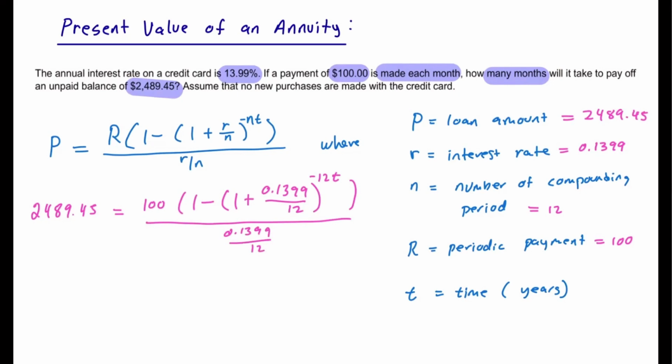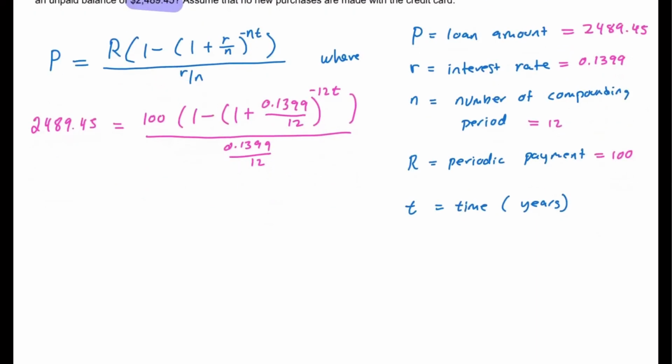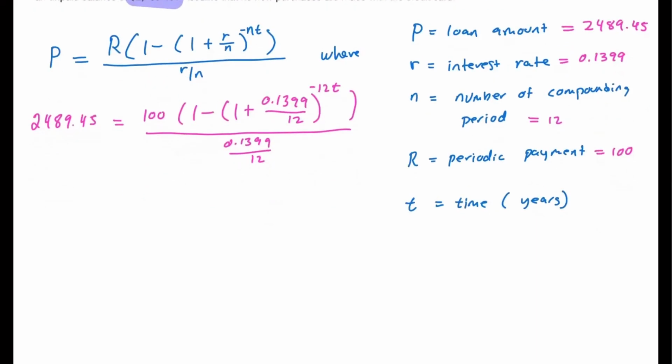Now you want to use a calculator so that you can do the calculation here. Let's go ahead and do that. I will first figure out what this number is. That is going to give me about 0.01165. So I'm going to multiply that to the left-hand side.